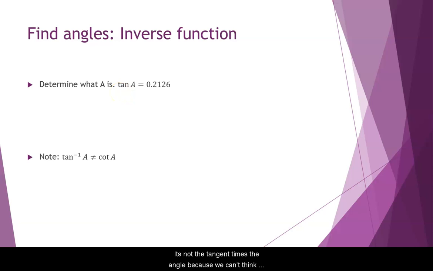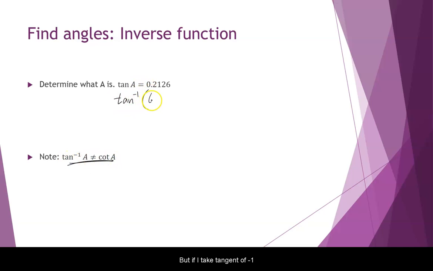It's not the tangent times the angle, because we can't think of tangent as its own thing. It's always tangent of some angle. We're going to use the inverse function, which looks like tan with a -1 on it. This is not reciprocal. Tangent with a -1 does not mean cotangent.